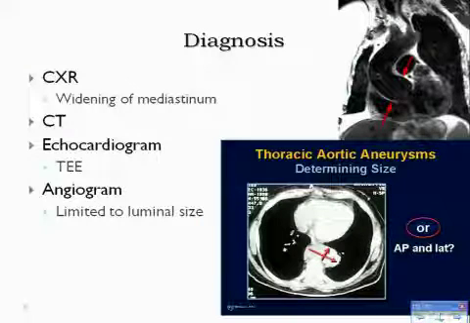An aneurysm can be very wide while the lumen appears normal, because a plaque forms inside the intima and takes up the space. So the aorta will look normal on angiographic studies, and it may not pick it up.